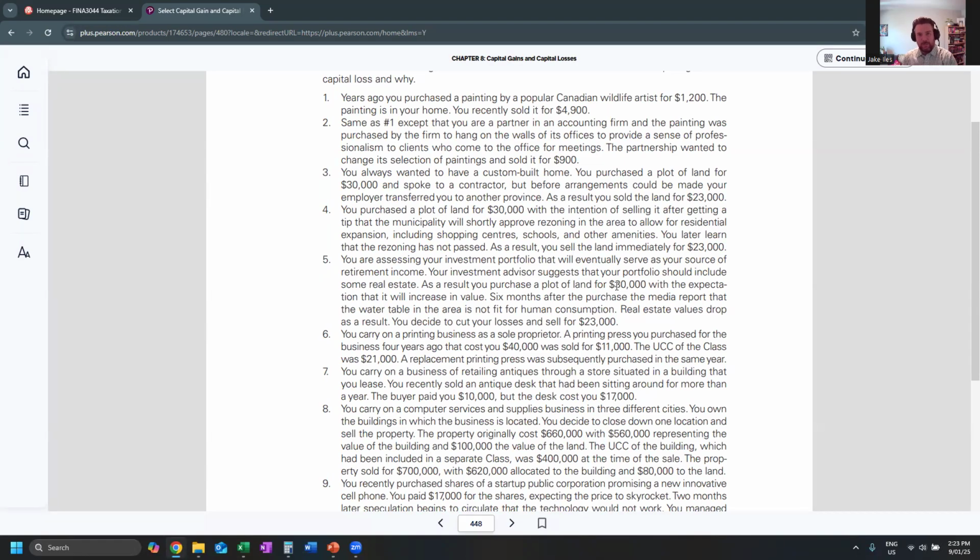I bought some land for the purpose of investment. Perhaps I was hoping to rent it out or eventually build a rental property. Because I had it for investment purposes, its increase and decrease is likely to be capital in nature, incidental to my function. Because it's land, it's non-depreciable, so I can recognize the allowable capital loss.